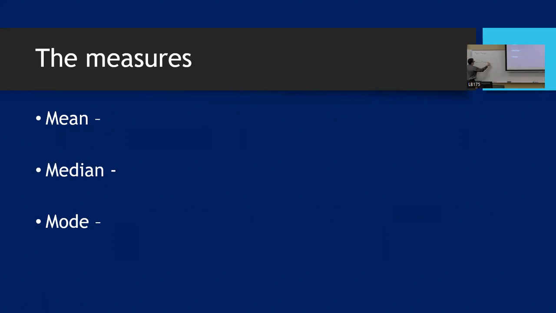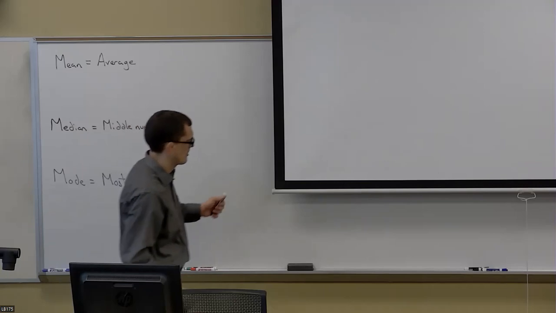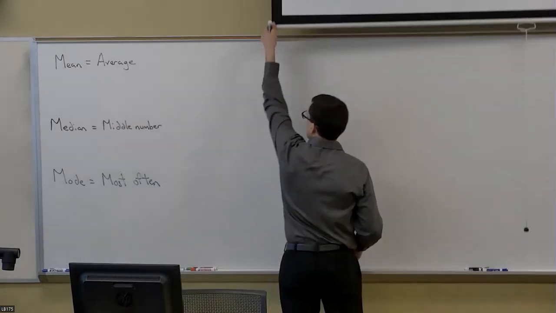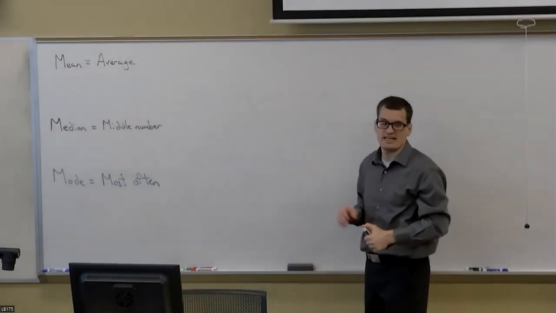And by middle number, we mean numerically. If we ordered all of our numbers in our set, the median would be the middle. And the mode is the number that is seen most often in our set. So the mean is the average.